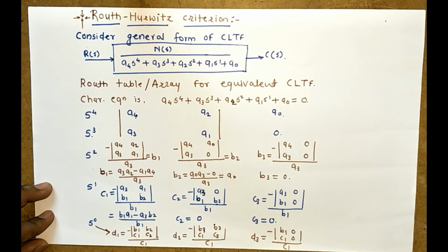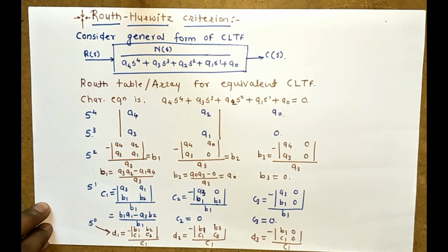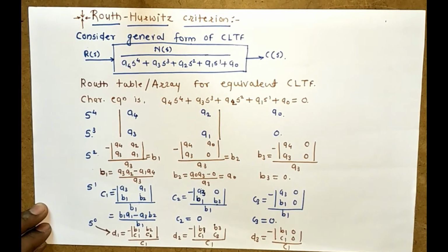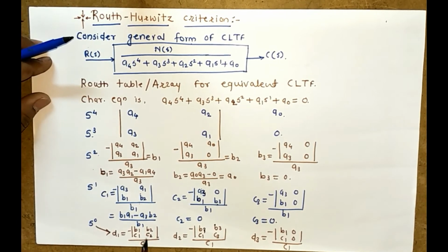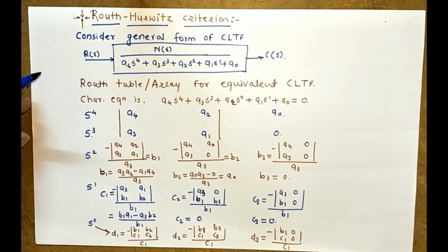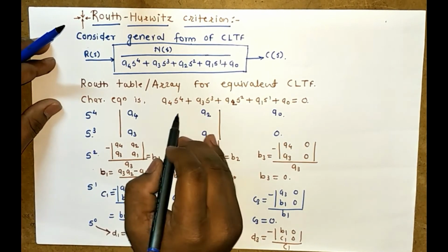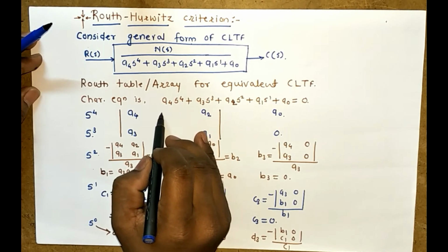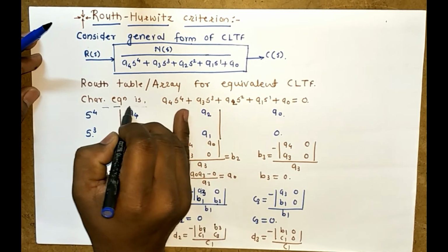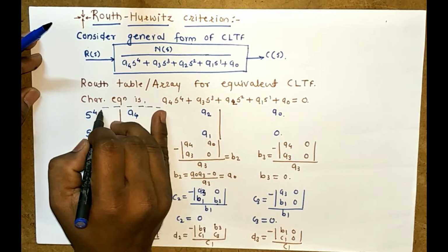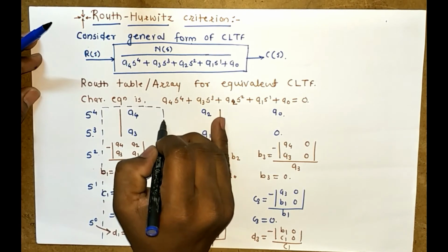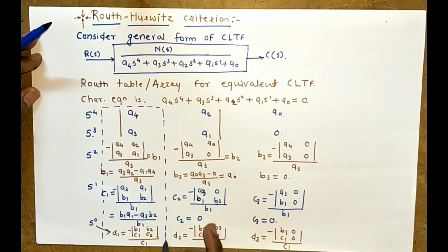Let us see how you can interpret the Routh array. You have to observe the first column, when you are shifting from the first row to the second row or second row to further rows, is there any sign change?